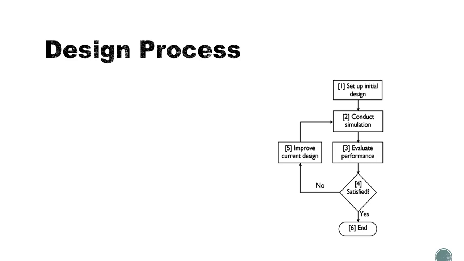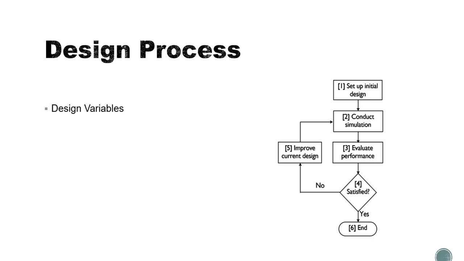So we reconduct the simulation and evaluate the performance again until the desired goal is achieved, and after that, we say this design is finalized. This is the general design process that we usually follow. This can be set up in ANSYS Workbench using different schemes that are available.